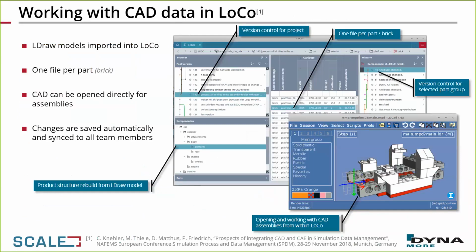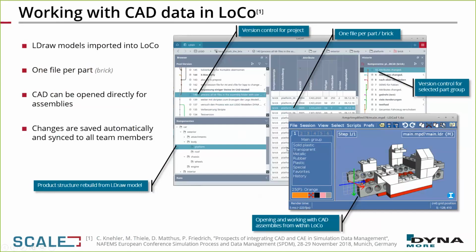And around Christmas, I think it was 2018, in preparation for the project, I imported my small LEGO CAD model into LoCo. I split it up into a real product structure, as you know it maybe from PDM systems. And I imported the product structure. I imported every brick as a separate CAD file.